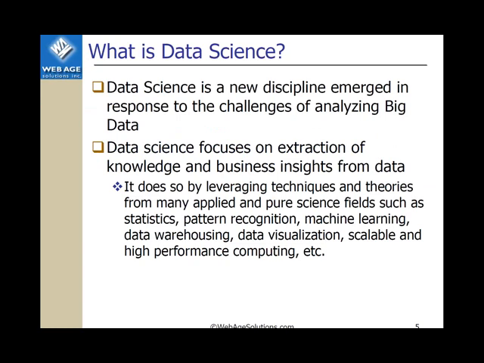Essentially, data science tries to accumulate the wealth of expertise from every respective field, and to help data scientists, those data practitioners, to extract business insights from raw data, right? And for that, you would be applying a wide range of theories, techniques, and algorithms from statistics, data warehousing, and data visualization.